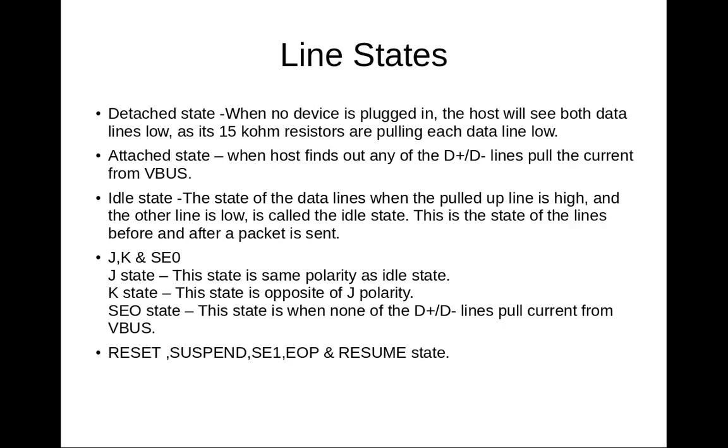Now if D minus of the same device pulls the line up, that means it is opposite polarity to the idle state. Then you have single-ended zero, the state when neither D plus nor D minus pulls the line up from the VBUS. Now you have reset, suspend, single-ended one, which is an illegal condition. Then you have end of packets and resume.